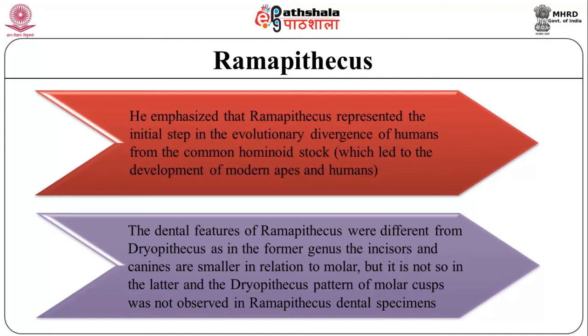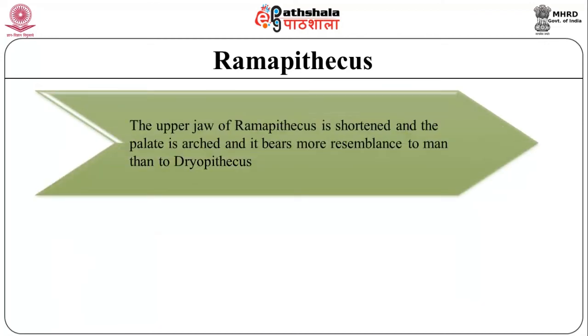The incisors and the canines are smaller in relation to the molars, but it is not so in the latter, and the Dryopithecus pattern of molar cusps was not observed in the Ramapithecus dental specimen. The upper jaw of Ramapithecus is shortened and the palate is arched and bears more resemblance to man than to Dryopithecus.